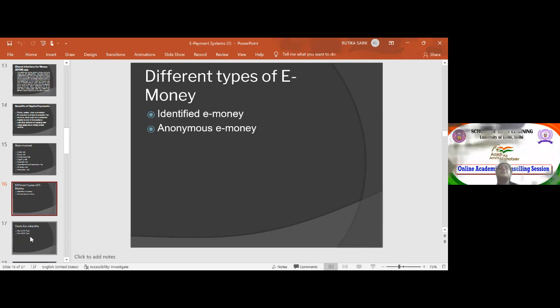So that is the difference between the identified e-money and the anonymous e-money. Identified e-money is where the transaction is identified, that yes, money came from this place to this place. Anonymous e-money loses its identity once it reaches another person.